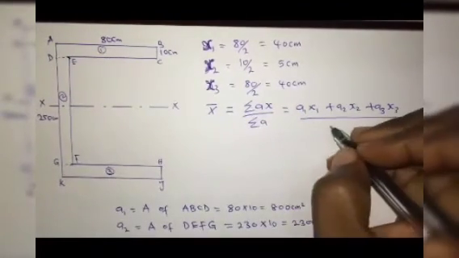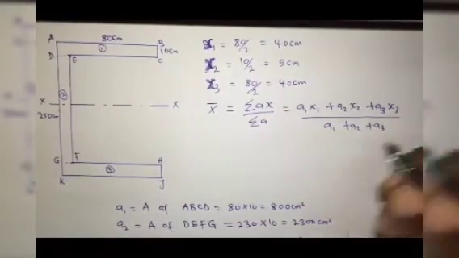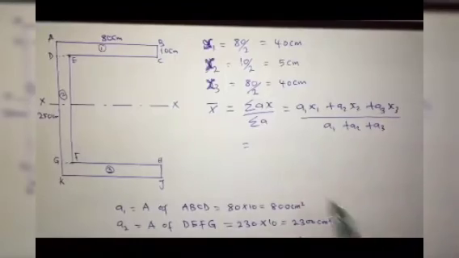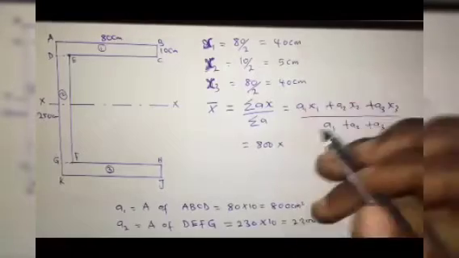After this, you substitute everything into this formula, which is x-bar equal to the summation of ax over the summation of a, which is equal to a1 x1 plus a2 x2 plus a3 x3 over a1 plus a2 plus a3.